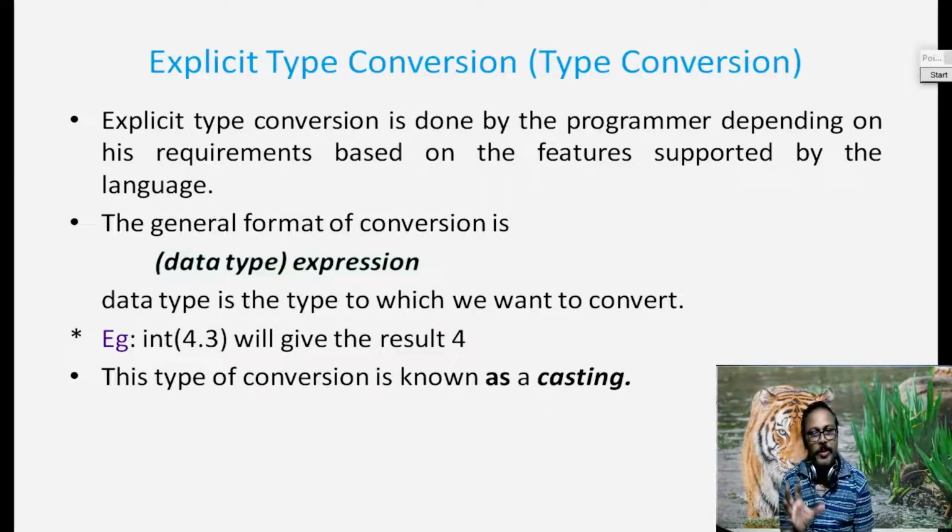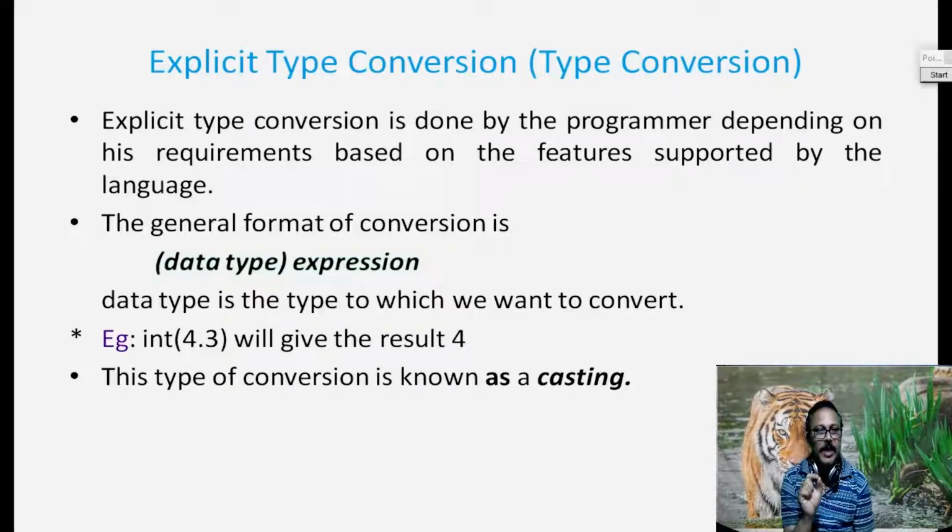The expression can be a simple constant like 4 or a plus b, whatever it may be. If you want to convert it into some other type, that type is enclosed in parentheses before the expression.